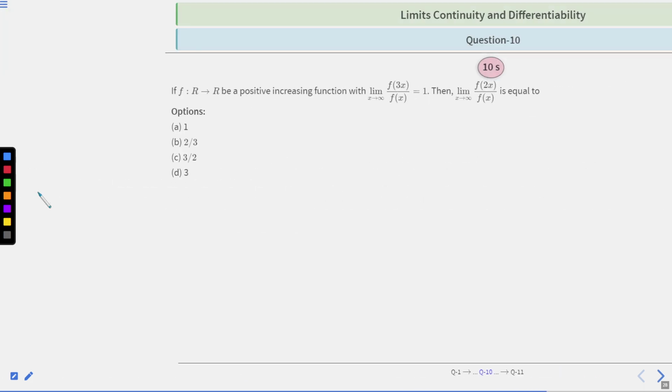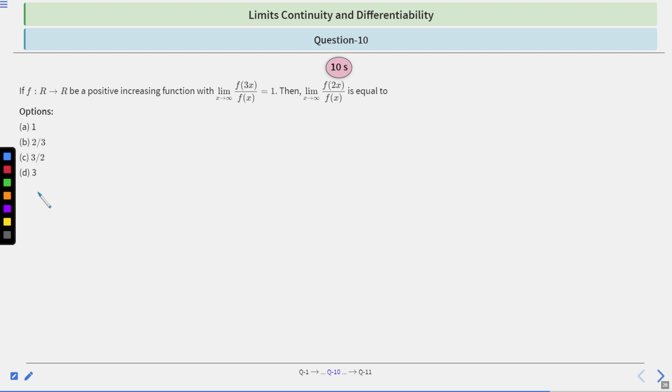Question number 10, which says: if f is a function from R to R, a positive increasing function, with limit x tending to infinity f(3x)/f(x) equal to 1, then limit x tending to infinity f(2x)/f(x) is equal to what? The hint of this question is that you can apply the sandwich theorem.